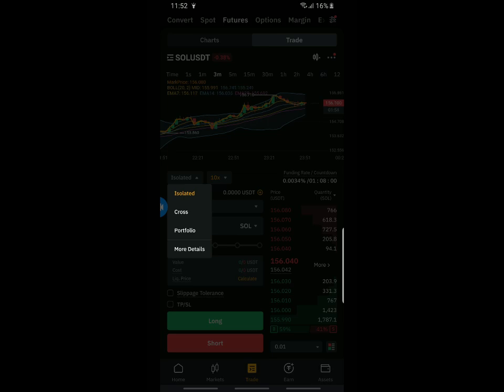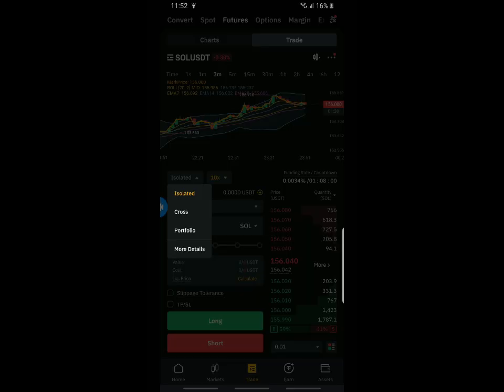Let's say you have like $200 in your account, and then you want to trade with $100. Now once you trade with $100, if your futures account is isolated, and then your trade starts going wrong and you end up liquidating, it will not jump over to the remaining $100.